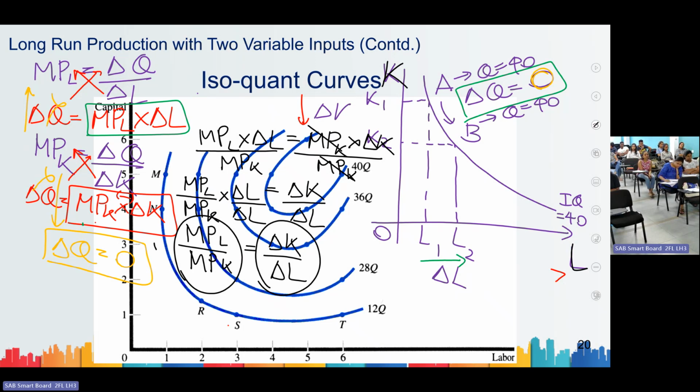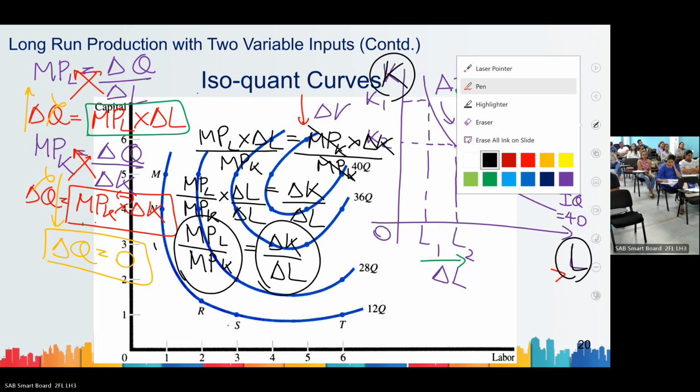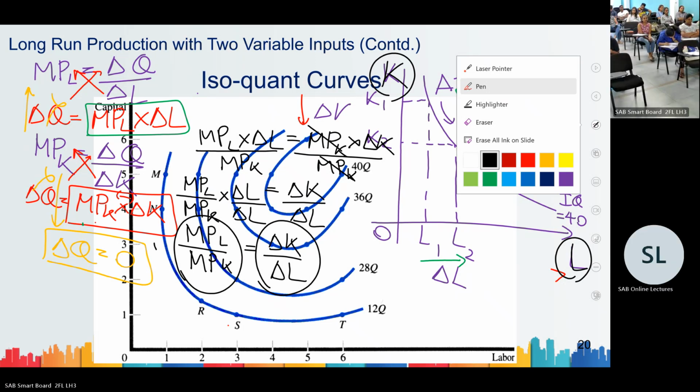These formulas are true only when we have labor on the horizontal axis and capital on the vertical axis. In that case, you should be careful. Okay, that is about the slope of an isoquant. Clear? Anything you want to clarify?